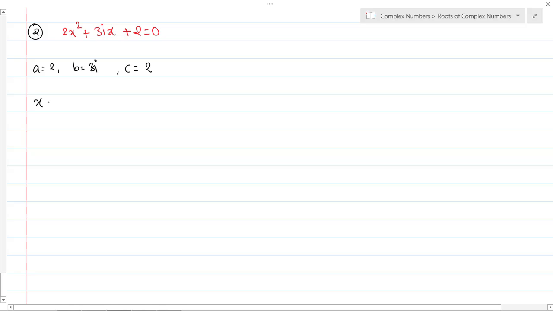So x is equal to minus b plus or minus root of b square minus 4ac upon 2a. Now again and again there is no need to write down this formula, so this is the last time I am writing it here.